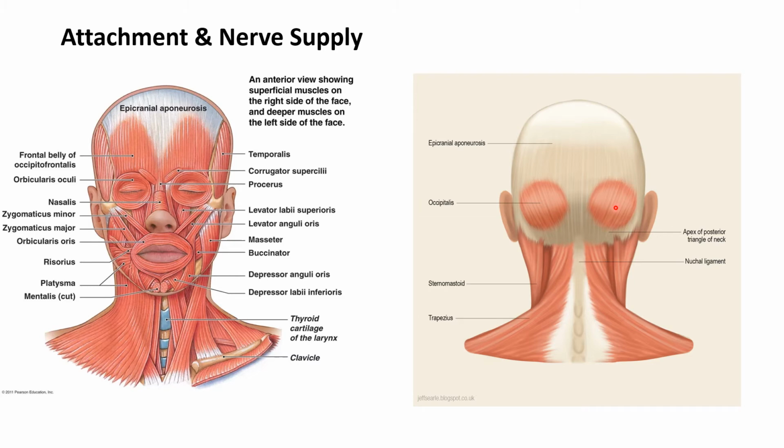Behind the ear, the posterior auricular nerves supply the occipital bellies. Whereas this is near the temple, so the temporal branches of the facial nerve supply the frontal bellies, and the occipital bellies are supplied by the posterior auricular branch of the facial nerve.